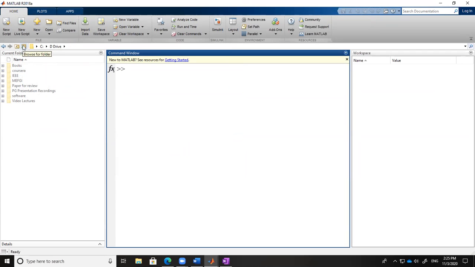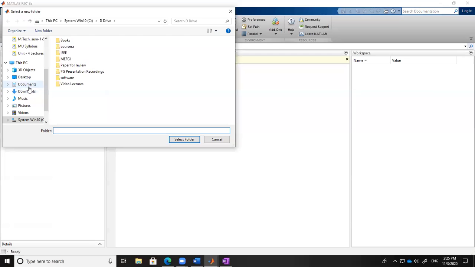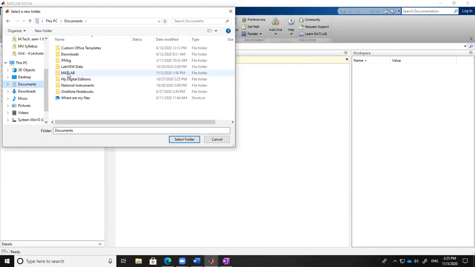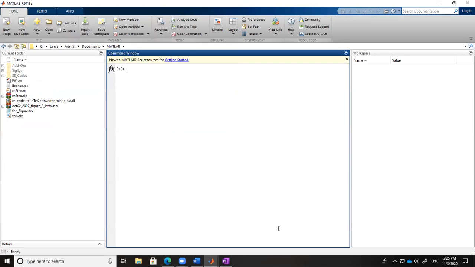And then your model should be in that folder, so that it can readily find all the files. Otherwise MATLAB will be a little bit confused. Normally the default is C documents MATLAB.